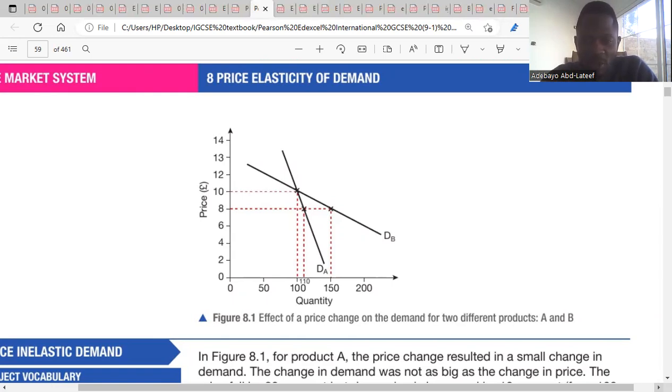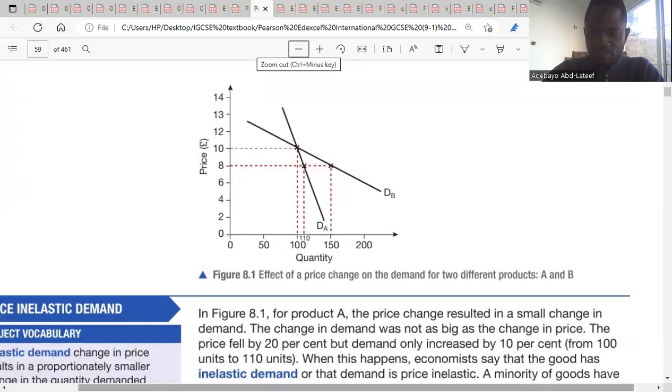The quantity changes from 100 to 150 for product B, and for product A from 100 to 110. So for product A, there's no significant change in the quantity demanded as a result of a change in price, but for product B, there is. So we would say product A is price inelastic, while product B is price elastic. Do you understand? So this takes us to price inelastic demand.